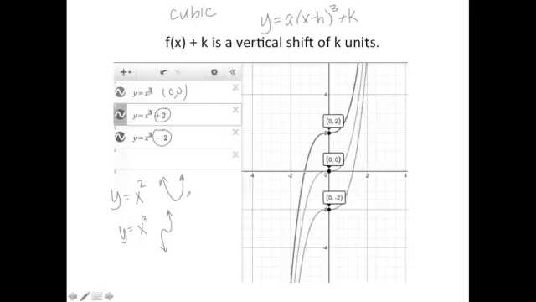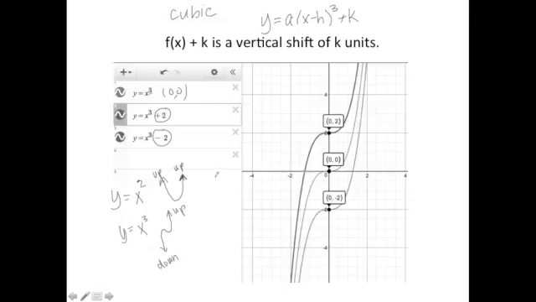The thing I need to point out to you here is that when the highest power is even, your graph is going to end up going in the same direction, up, up. When the highest power is odd, your graph ends up going in different directions: down on the left, up on the right.